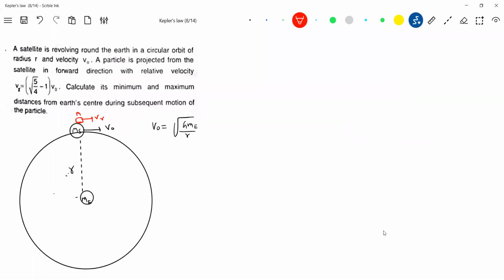So what is the absolute velocity of the stone? We use the formula: velocity of particle with respect to satellite equals velocity of particle minus velocity of satellite. The velocity of particle is not known. The relative velocity is Vr, and the velocity of the satellite is v0.